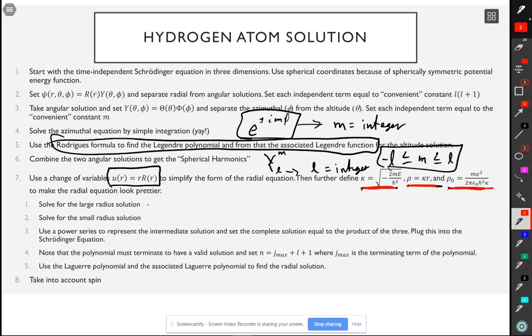And notice you have a derivative of 1 over r squared and then another derivative. The reason to make the change to u is to make that simpler looking.